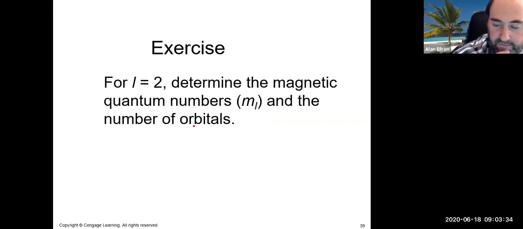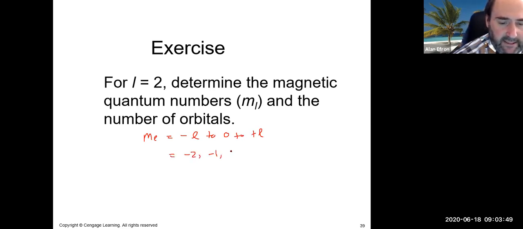And we sort of did this one as well. So remember that when we do our m sub l, it goes from minus L to 0, all whole numbers, to plus L. And that in this case means that we would have minus 2, minus 1, 0, plus 1, and plus 2 as possible values.